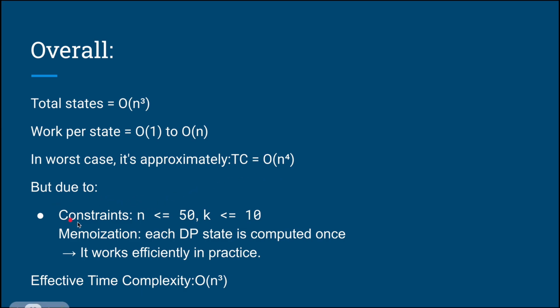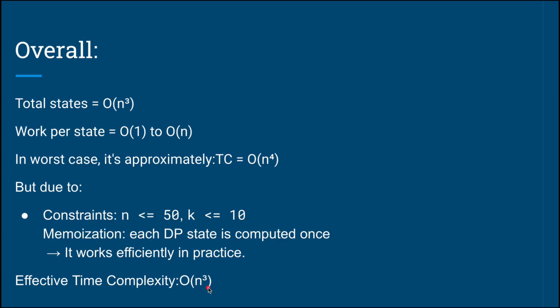But there are constraints given, like n should be less than or equal to 15 and k should be less than 10, and with memoization each DP state is computed only once, so it works efficiently in practice, and it becomes effectively O of NQ.